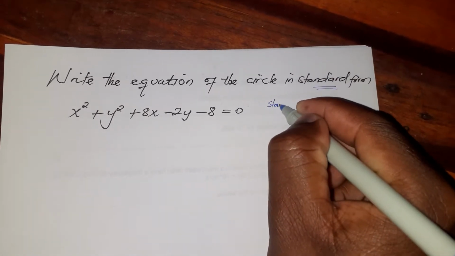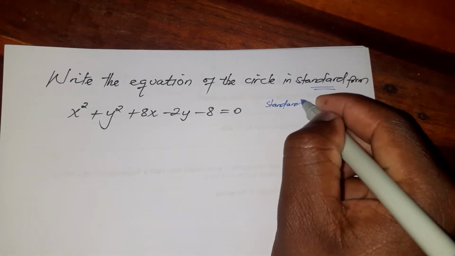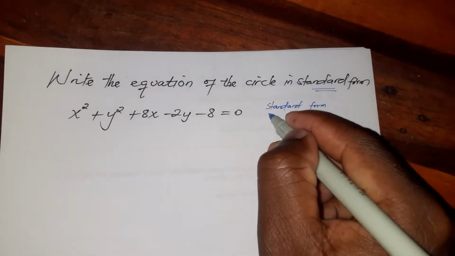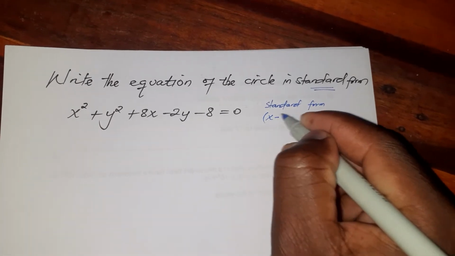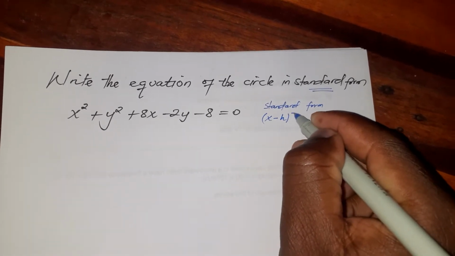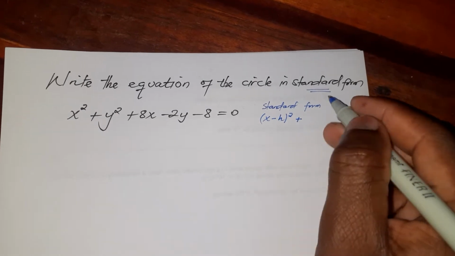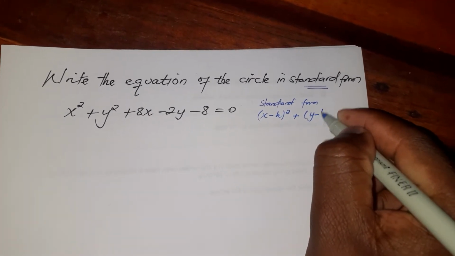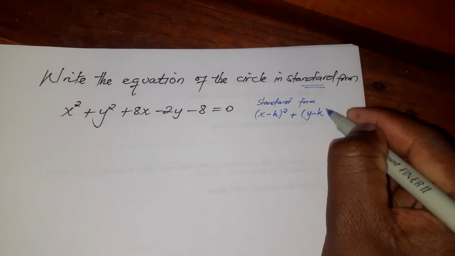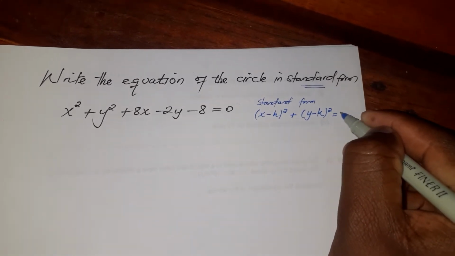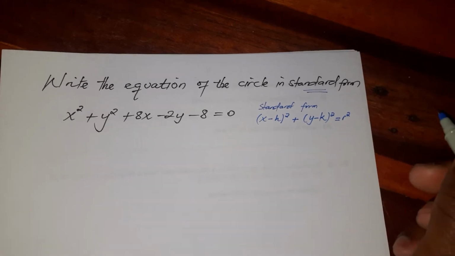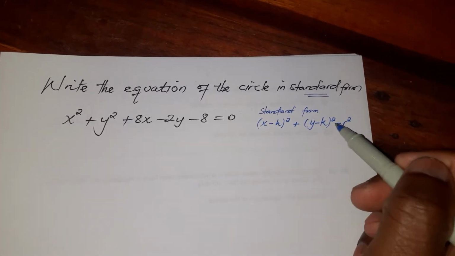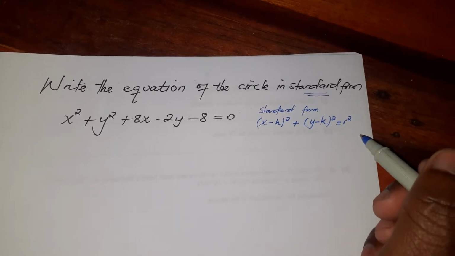Standard form, the equation should be x minus h squared plus y minus k, then squared, equals r squared. That is the standard form of an equation of a circle.